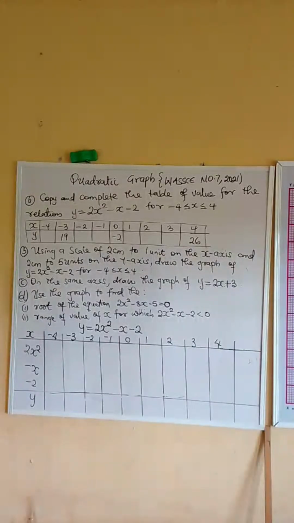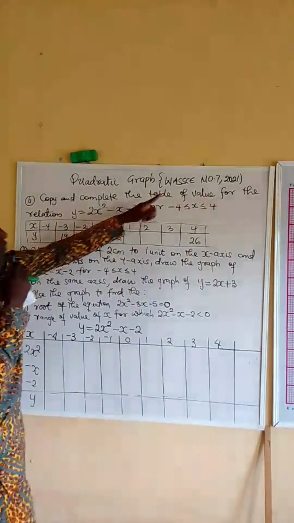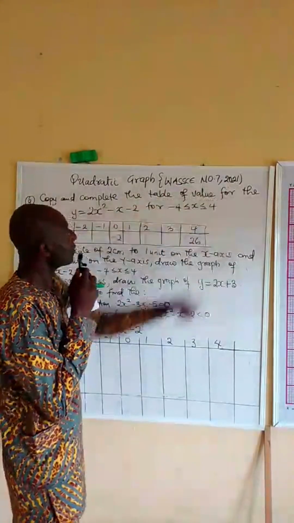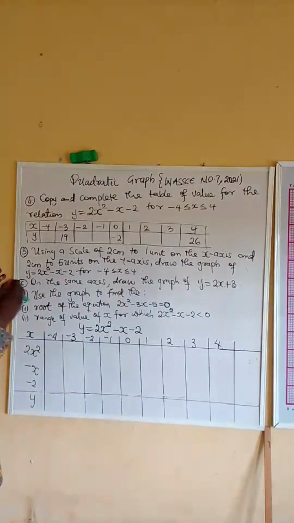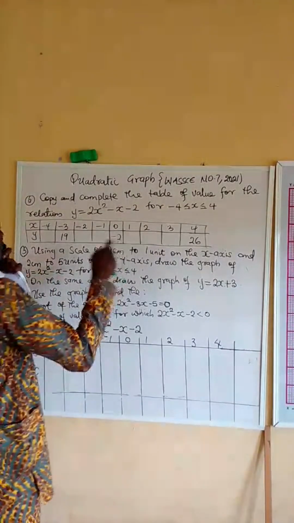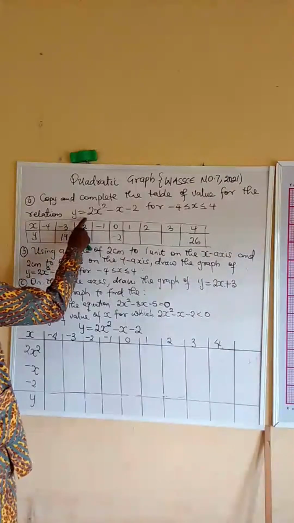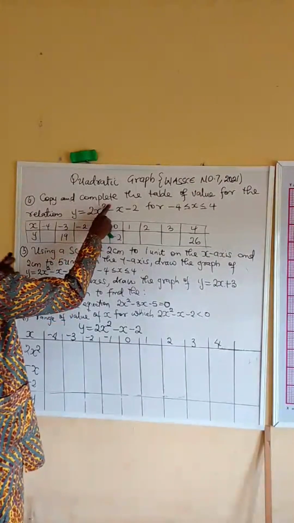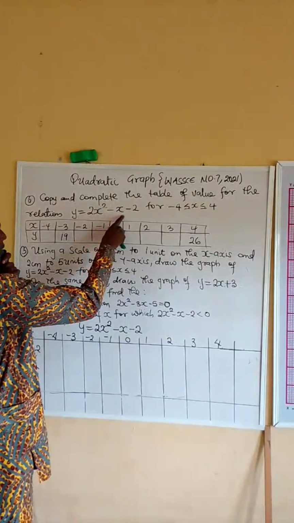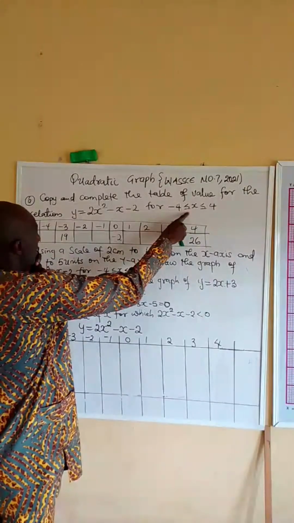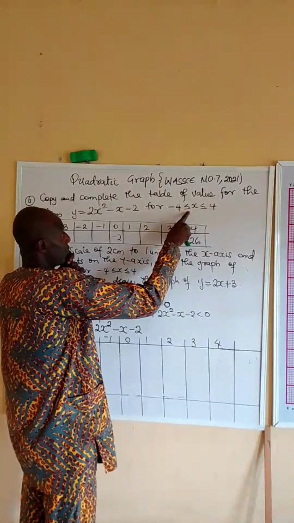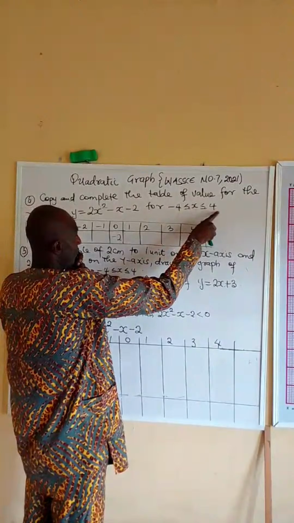That quadratic graph is a WAEC question, number 7, 2021. Copy and complete the table of values for the relation y equals 2x squared minus x minus 2, for minus 4 less than or equal to x, less than or equal to 4.